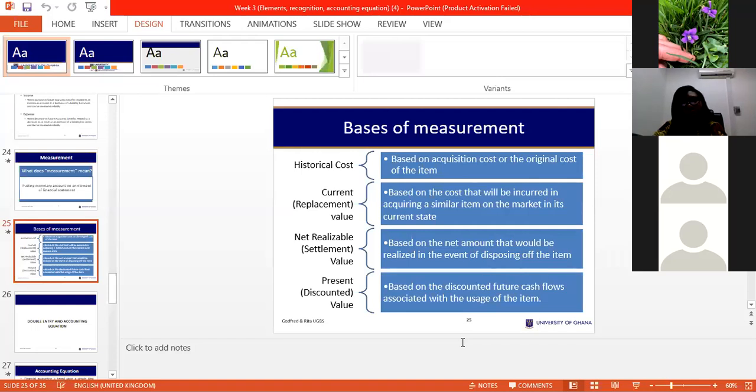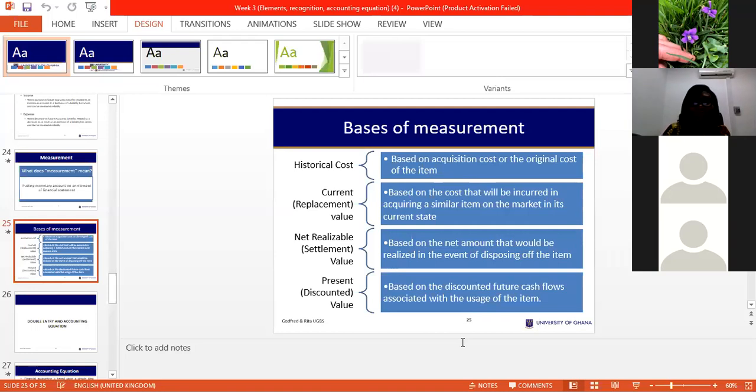So these are all various monetary values that we can assign to assets and liabilities, depending on the policy of the business. You recall policies, okay, the specific rules you have chosen. So if you have chosen historical cost, that becomes your policy and you must follow through.